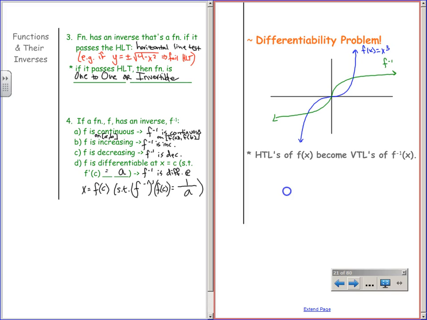F inverse of x, you guys know hopefully, is the cube root of x, if we were to switch x and y and solve for y. The dealio is, if I was to ask you guys to find the derivative at, bummer. We'll come back to this.